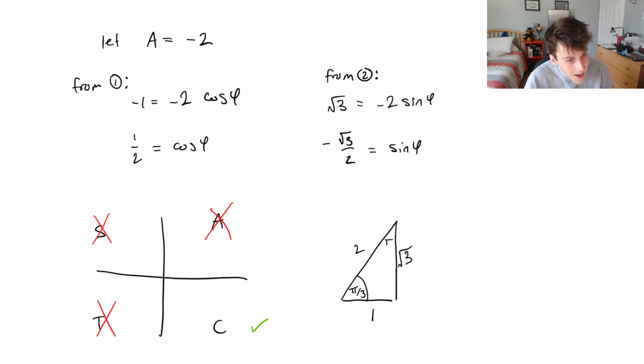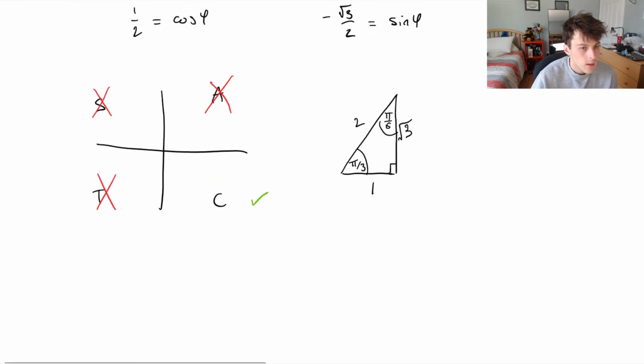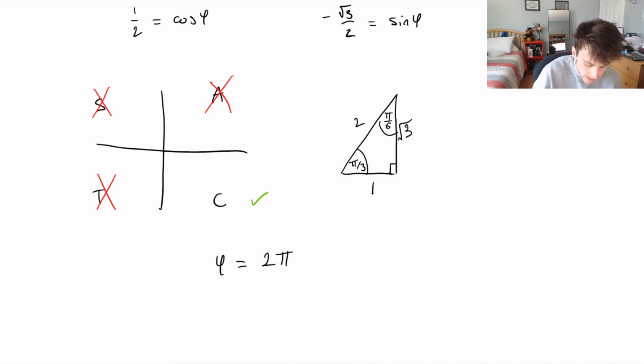So if the primary angle is pi over 3, then we know that in quadrant number 4, it's just going to be 2 pi minus pi over 3. So we know that phi is going to be 2 pi minus our primary angle that we found.